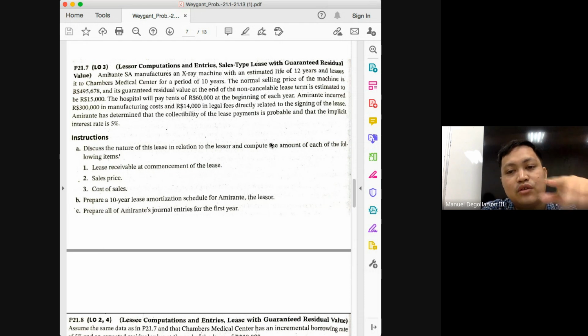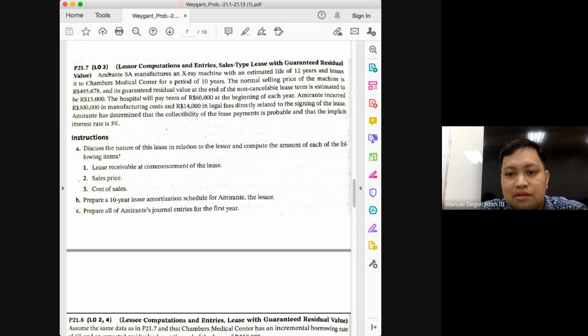Okay, so based on those two criteria, class, this lease will qualify as a finance lease. Okay, but going back to the question, what was the first question? How much is the initial lease receivable? And how do we compute for the initial lease receivable, class?